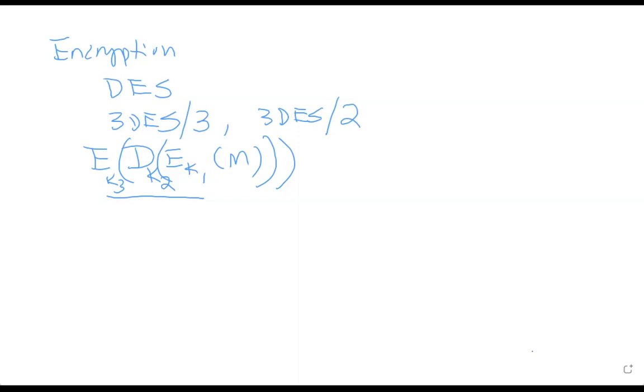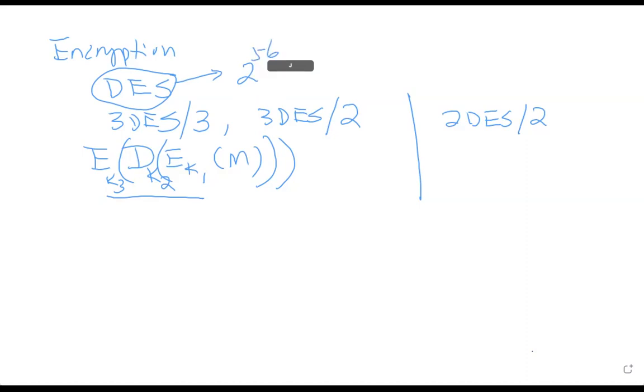We also mentioned last time that 2DES/2 is vulnerable to the meet-in-the-middle attack. In other words, if DES can be cracked using a brute force attack by checking all possible keys, that's 2 to the 56, then cracking 2DES/2 would only need a little bit more than 2 to the 56.